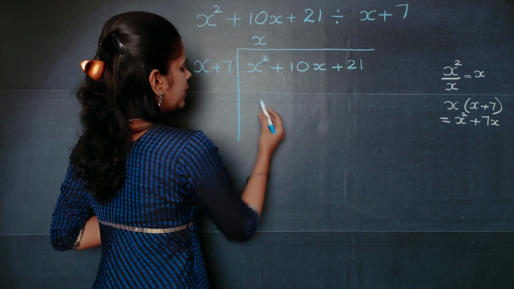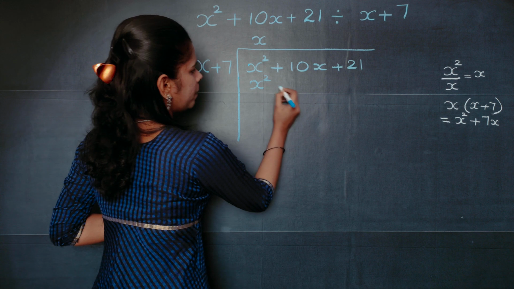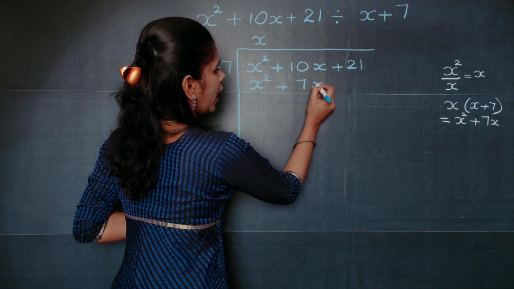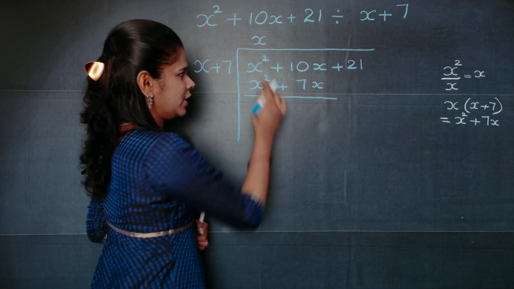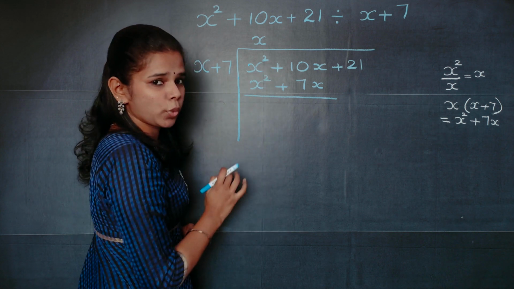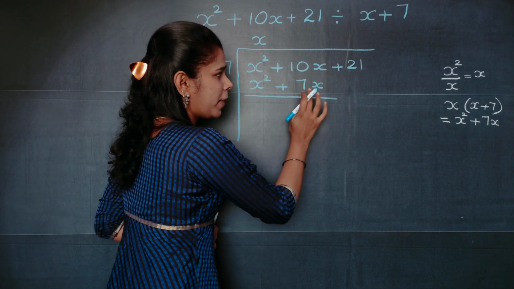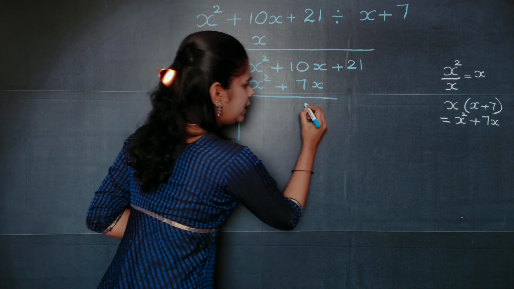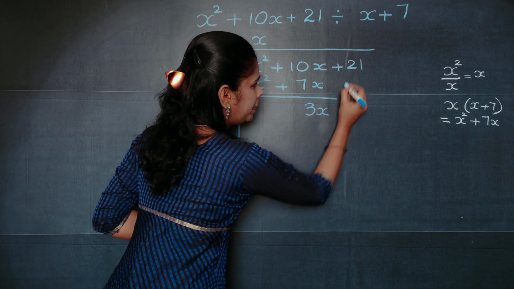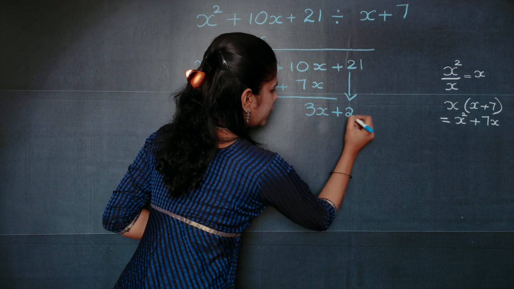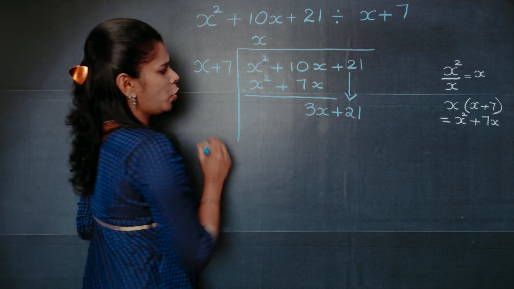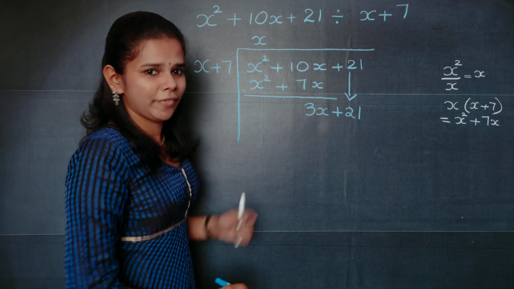Usually in the division, what happens next? You will subtract. So x square minus x square is 0, 10x minus 7x is 3x, and then you will bring down the next term, that is plus 21. So this is your new dividend here.